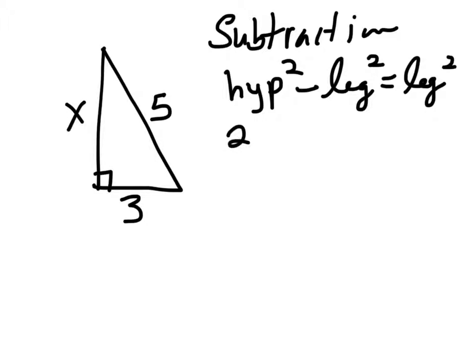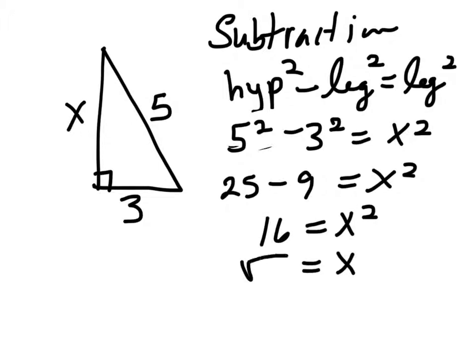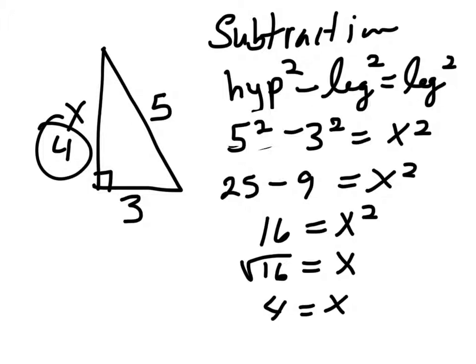So 5 squared minus 3 squared is x squared. So we'd have 25 minus 9 is x squared, and that comes out to be 16 is x squared, x is going to be the square root of 16, and 4 is going to be x. So those are the two situations that happen when you are using the Pythagorean theorem with right triangles.